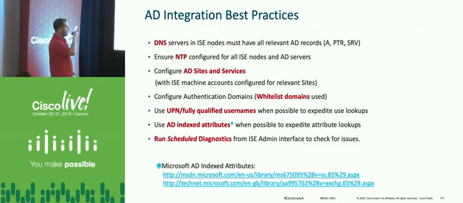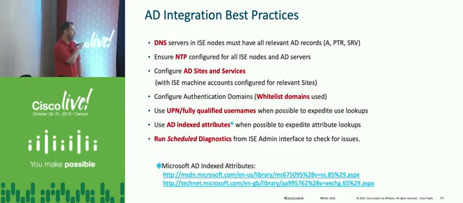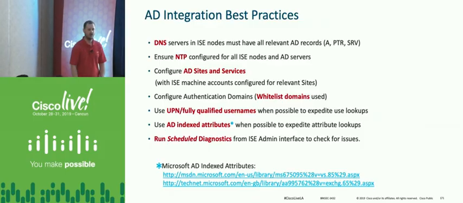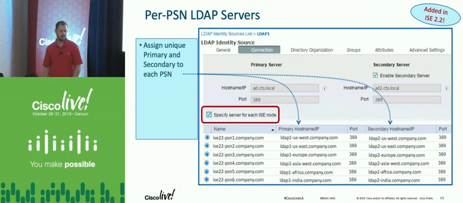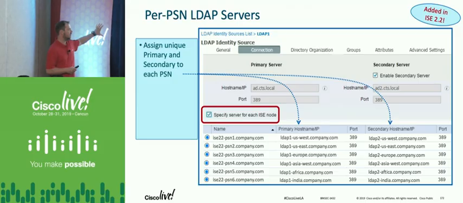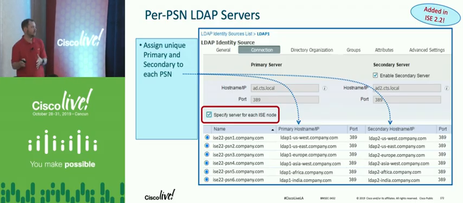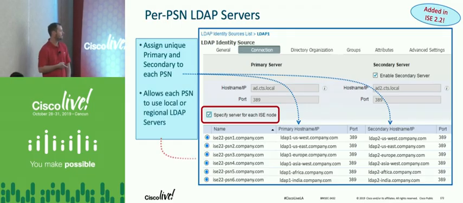Whitelist domains, AD sites and services, indexed attributes, and that new scheduled diagnostics is another new best practice there. From an LDAP point of view, it's not as native, but we have a lot of options on, for example, per PSN LDAP servers. So being able to map the PSN to the appropriate LDAP server that it needs to go to.